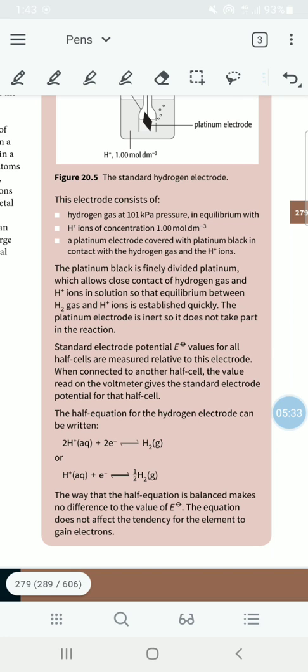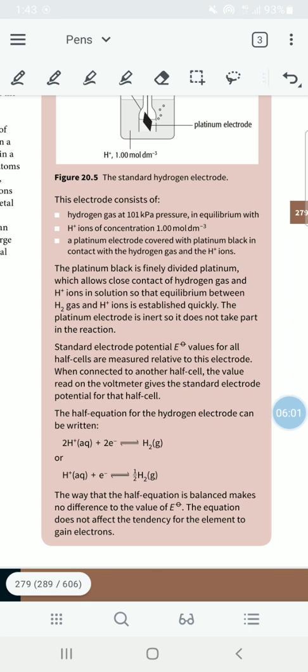All right. So that can actually be represented with the half values as well, that is half H2 from simply H plus. It doesn't actually change the value of the E standard value, right? The equation does not affect the tendency for the element to gain electrons. So that is the reason behind that.